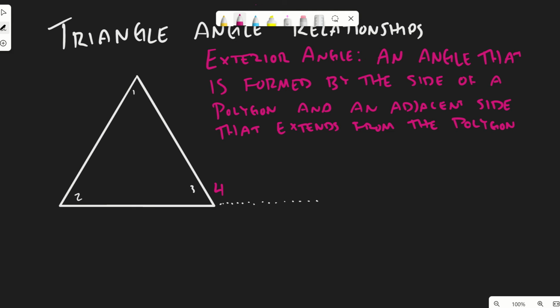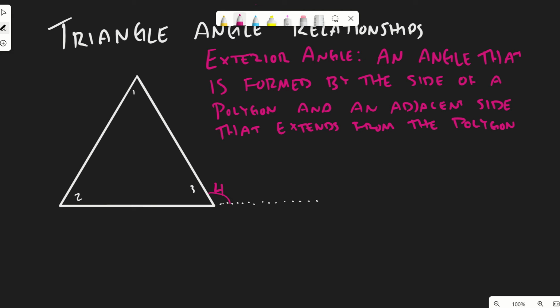So here's the side of a polygon, and an adjacent side that extends out from our polygon. That forms this angle right here.